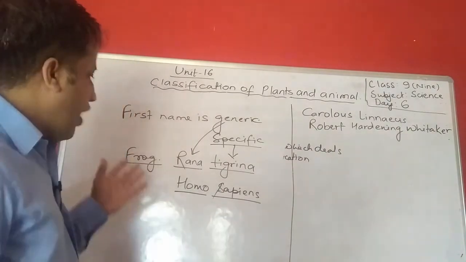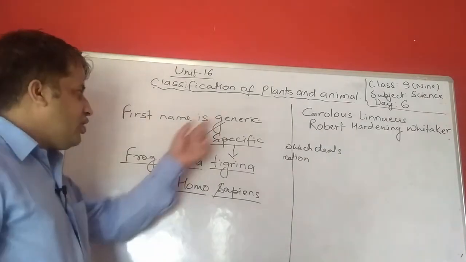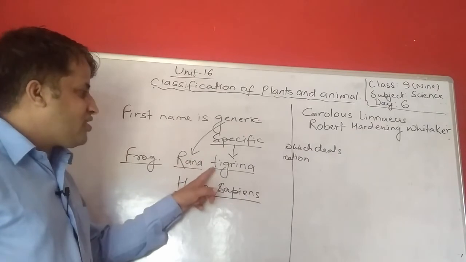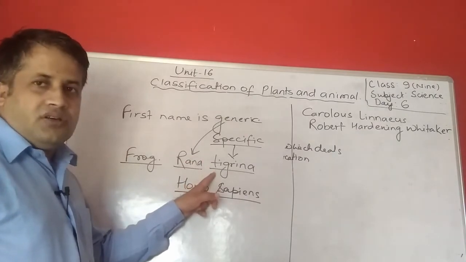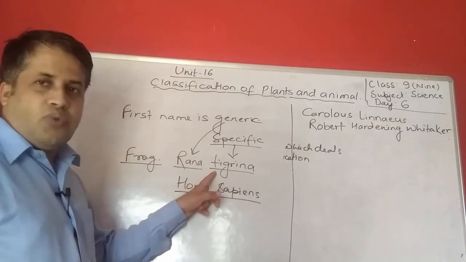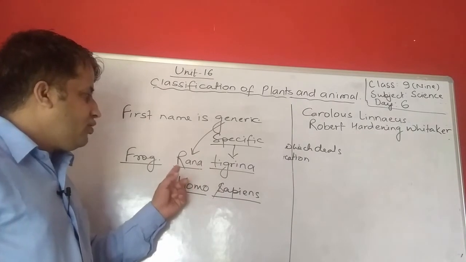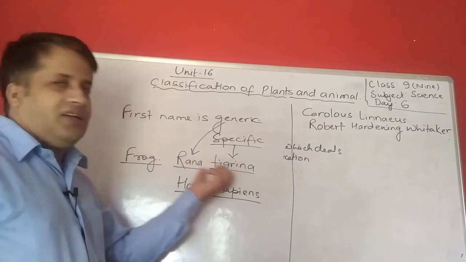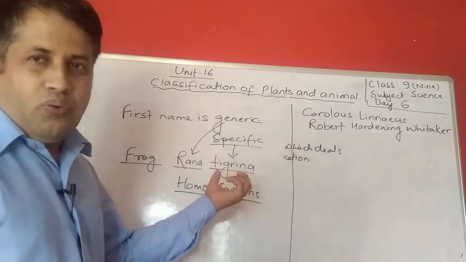While writing the scientific name, the generic name is written with a capital letter, whereas the specific name is written with a small initial letter. So capital letter and small letter, and while writing we should underline the name.